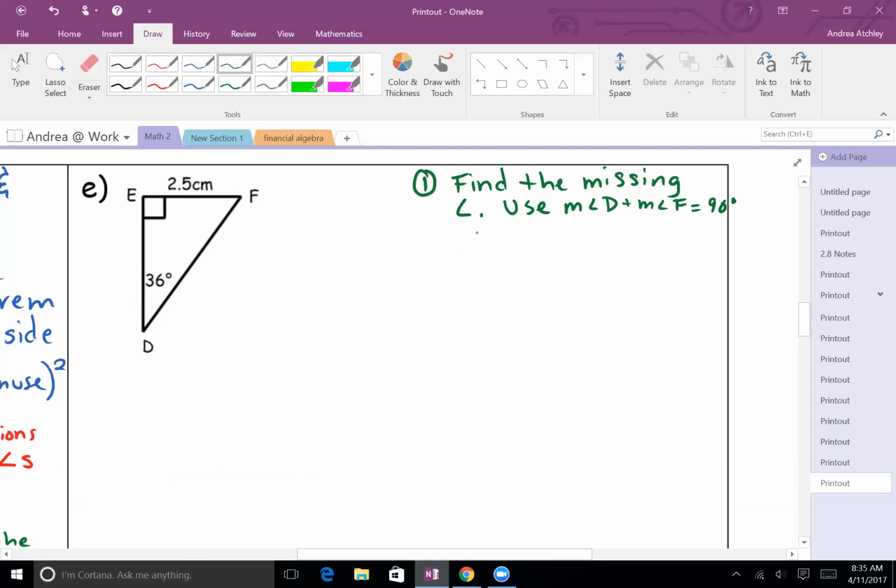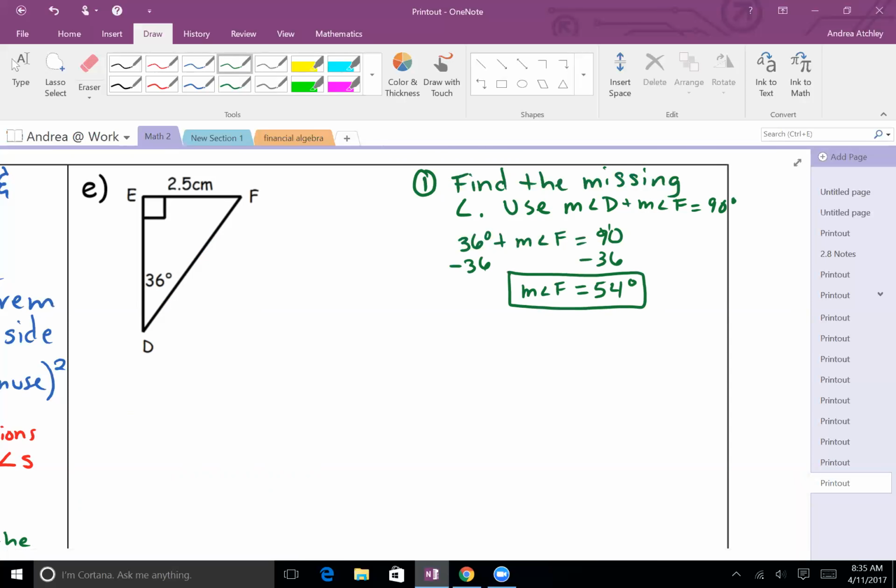So we're going to do 36 degrees plus the measure of angle F equals 90. Minus 36, minus 36, and the measure of angle F equals 54 degrees. We're good?